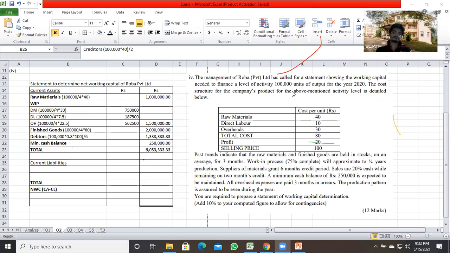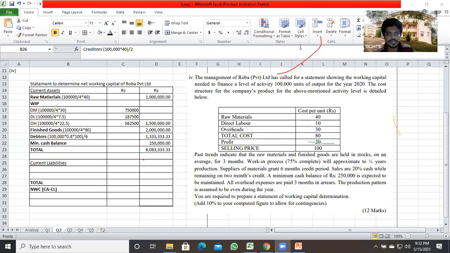Then how can we identify our normal creditors for this working capital schedule? This is the point for 6 months. So what we can do is total credit based purchases divided by 12 multiplied by 6, or simply what we can do is divide by 2.